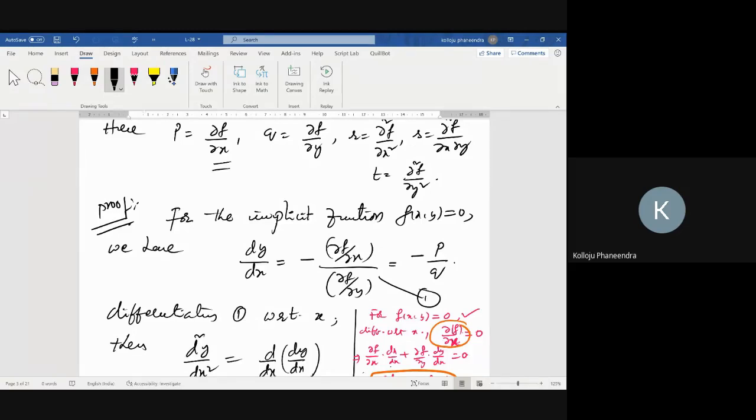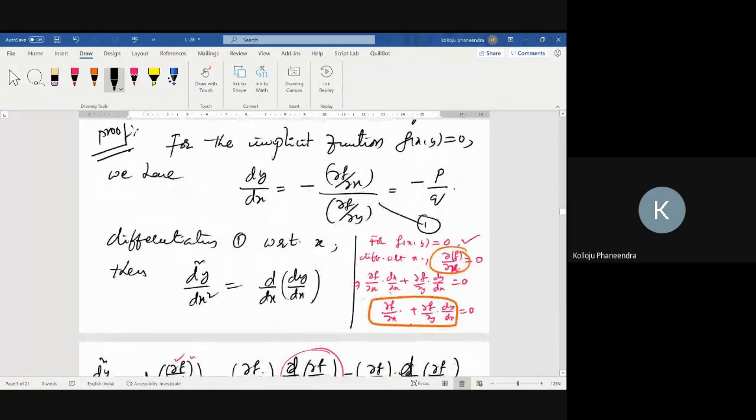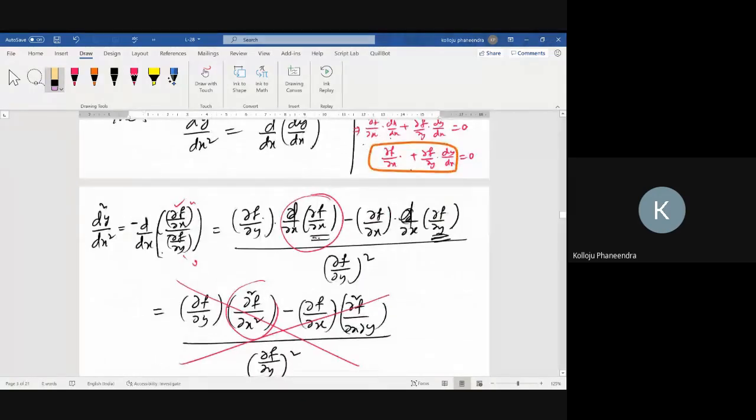D square y by dx square. Before going to this, up to here, that's okay. This is also okay.